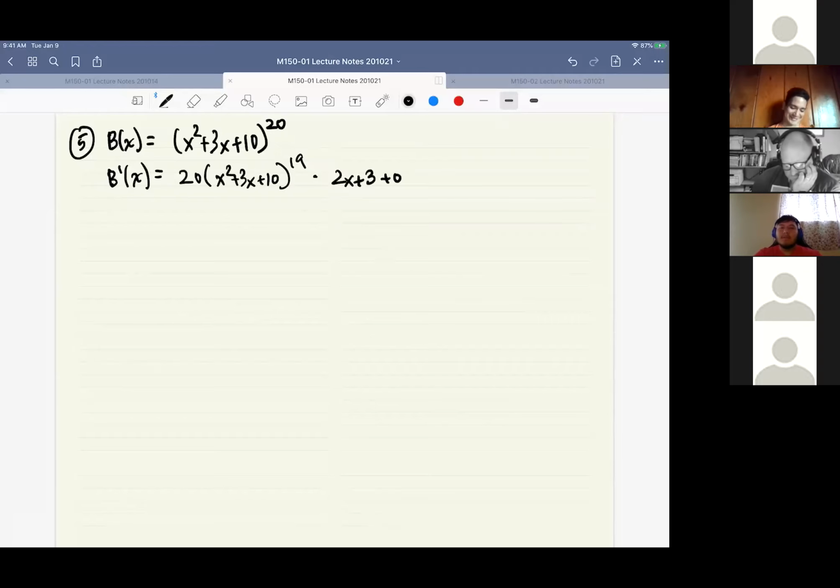We could factor the 20. We could go ahead and get 40x plus 60 times the quantity of x squared plus 3x plus 10 raised to the 19th. Yeah, good.